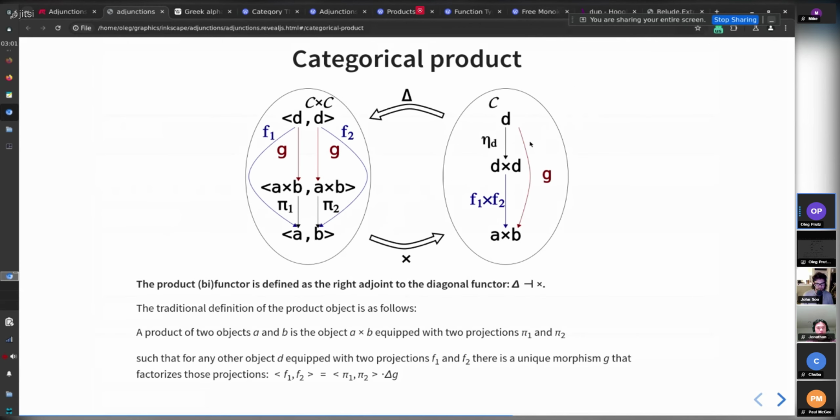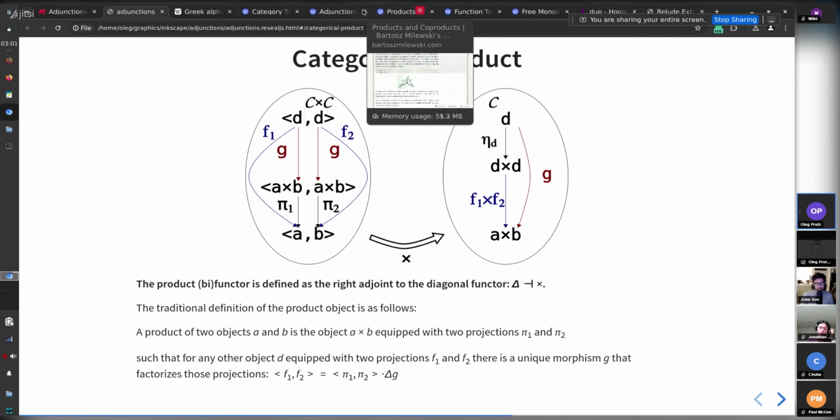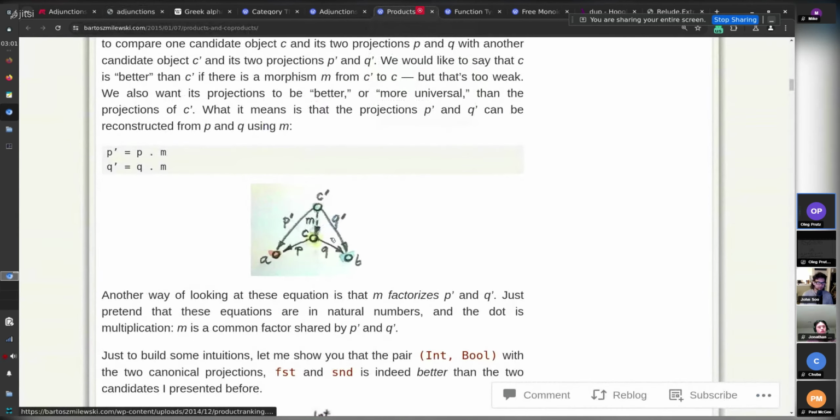So if you take a look at the categories and compare it again with this diagram, we need to establish an object with a structure, right? Or a family of objects with structure. And then we need to define a ranking between them.